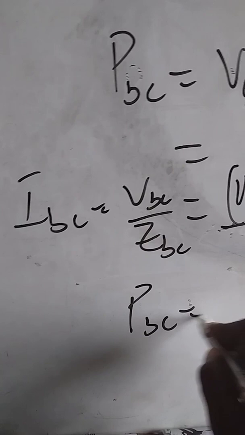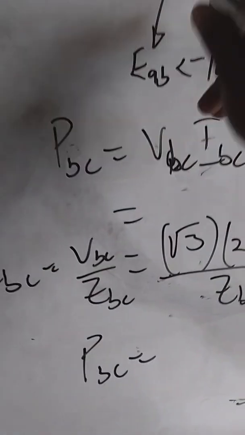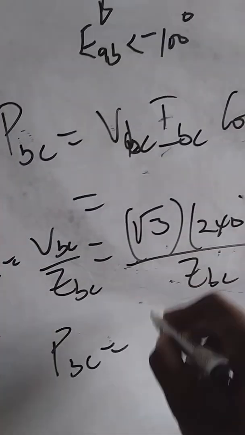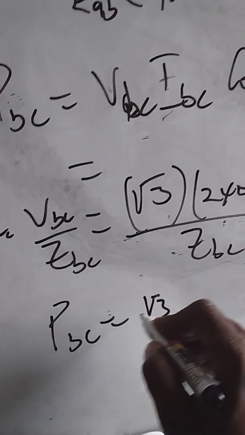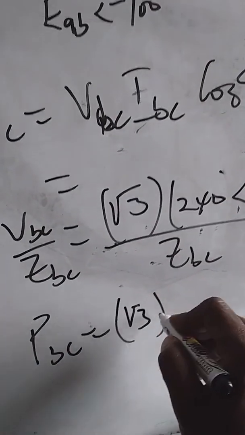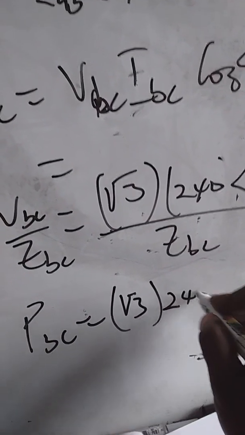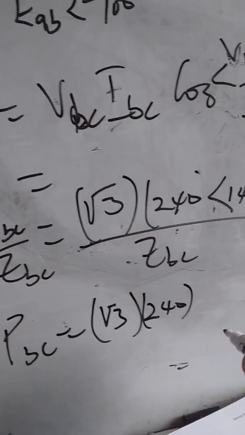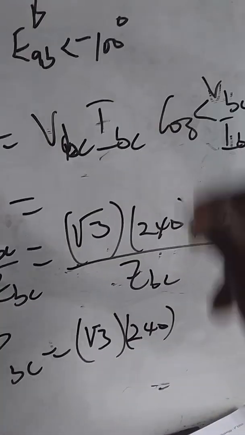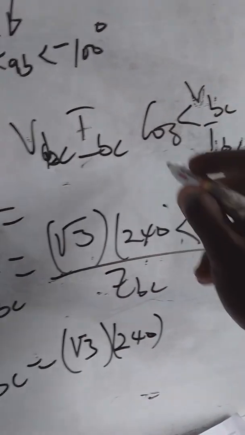So with that one, now you can find what your PBC is. Our PBC then will be VBC, which is root 3 times 240, times the IBC.